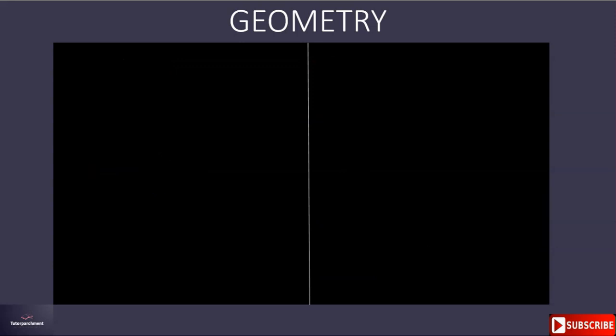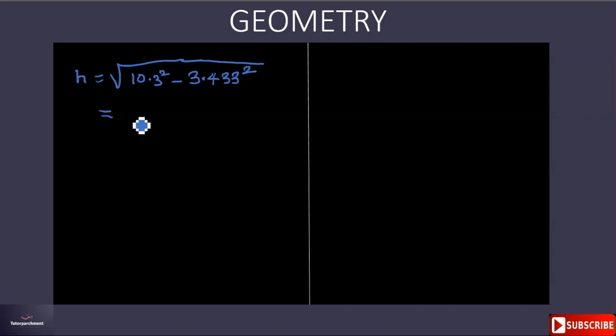So from here, we're going to have h equals the square root of 10.3 square minus 3.433 square, right?